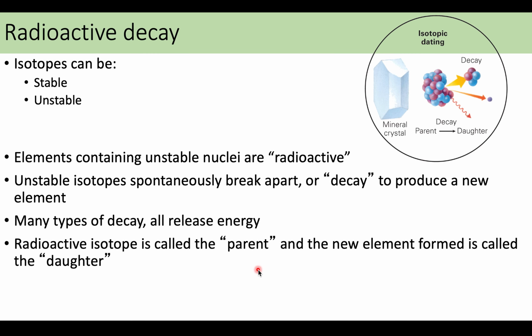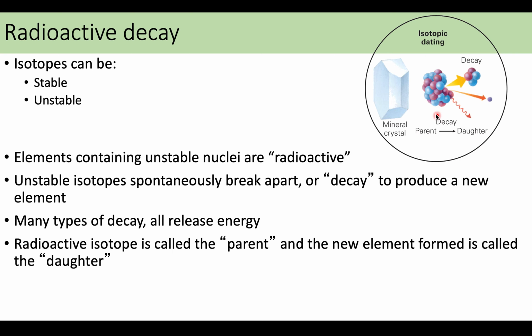So radioactive decay. This is how we are able to use these isotopes in creating a numerical age. So isotopes can either be stable or unstable. Elements containing unstable nuclei are what we consider radioactive. And these unstable nuclei can randomly or spontaneously decay, which means they randomly break apart and produce a new element. So we call the original radioactive isotope the parent, and then the new element that it produces we call the daughter.